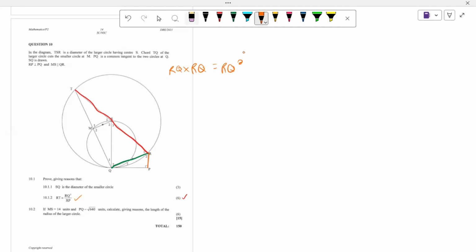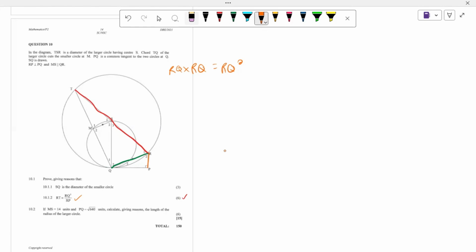If we look at 10.2, PQ is equal to root 40. There are numbers now, and you could say, okay, if it's root 40, then maybe I must use Pythagoras. But we can't use Pythagoras with sides only. There should be numbers.